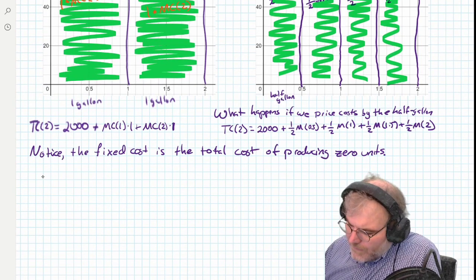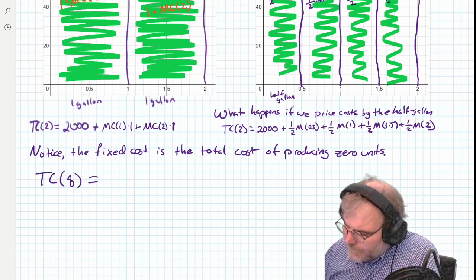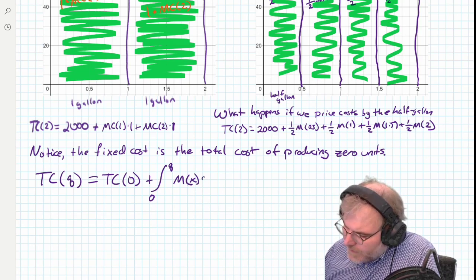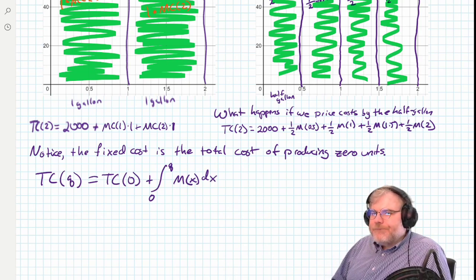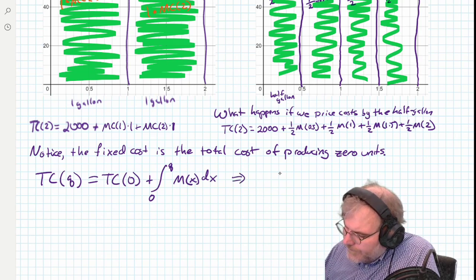So what I wind up with is that the total cost of Q equals the total cost of producing 0 plus the integral from 0 to Q, the area under the curve from 0 to Q, of the marginal cost of x dx. Well, that's just FTC2.